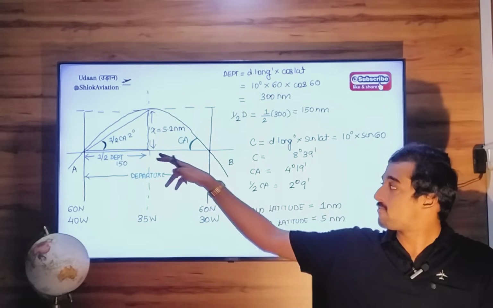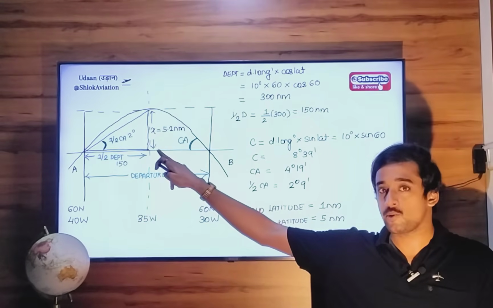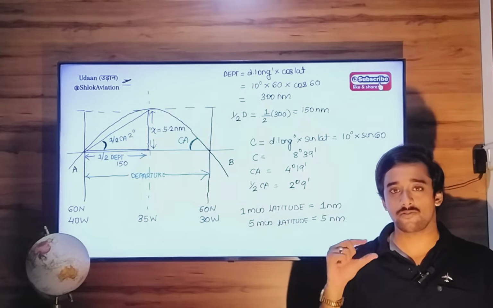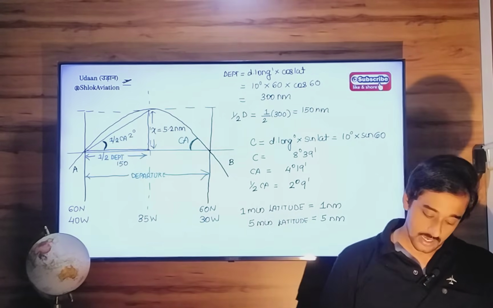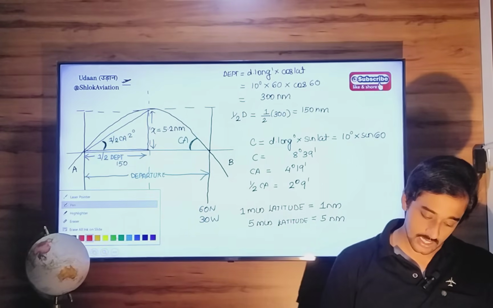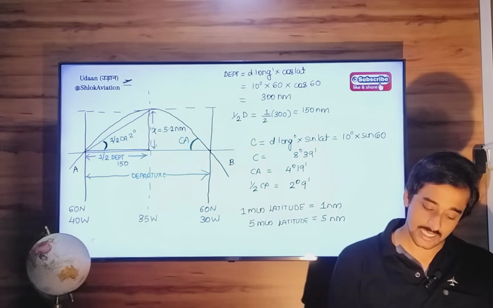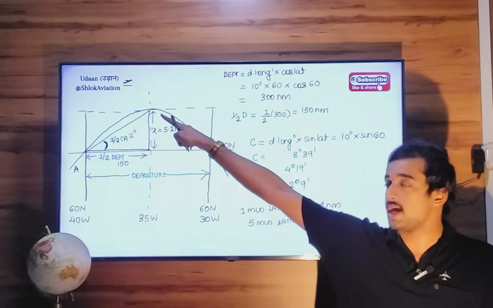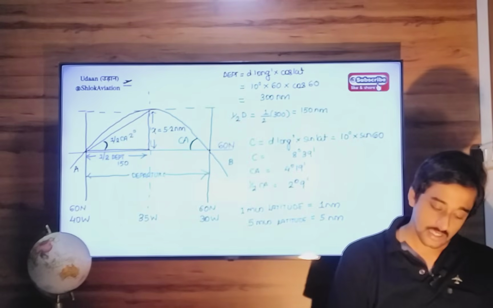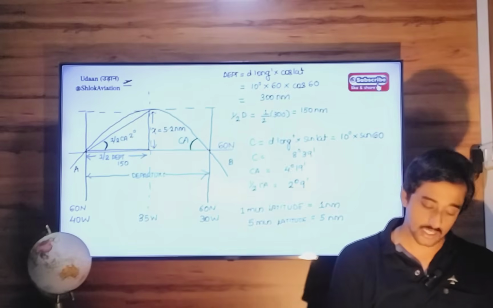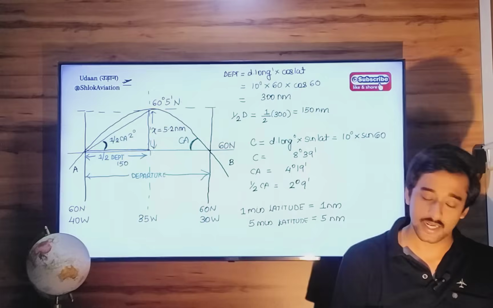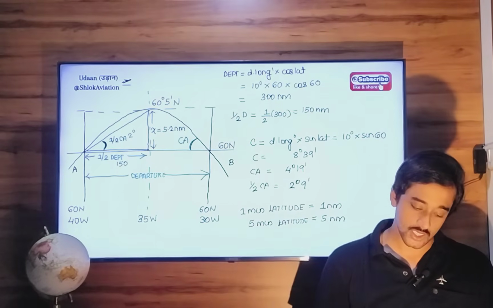So the difference between the initial latitude and your final latitude is 5 minutes. Very small difference, 5 minutes. Okay. So initial latitude is 60 north. So your final, destination latitude will be 60 north plus 5 minutes. So 60 degrees 5 minutes north latitude. Simple. So this is your answer.